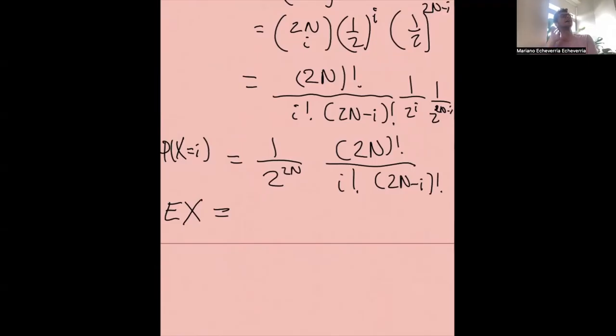Well, you're close. For a single Bernoulli variable, it was p. Now you have 2n of those, so it's actually 2n times p. So it is 2n times one half, so it is just n.